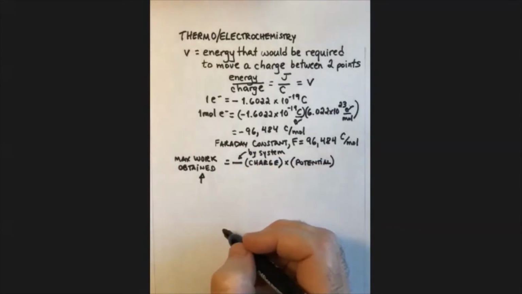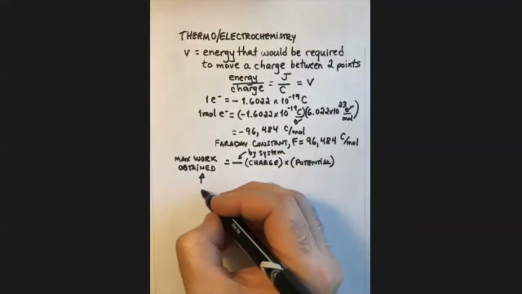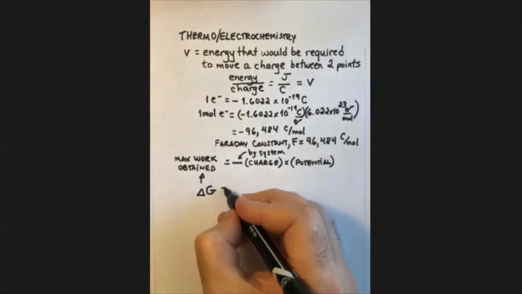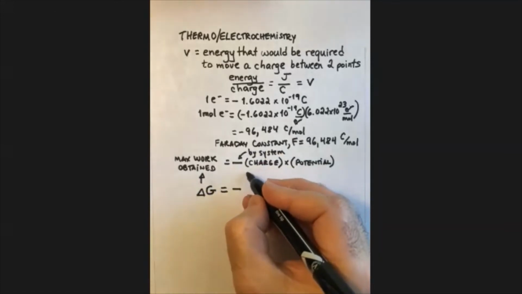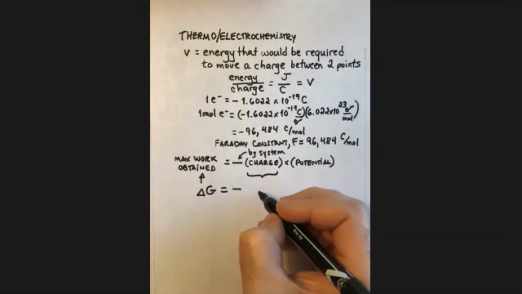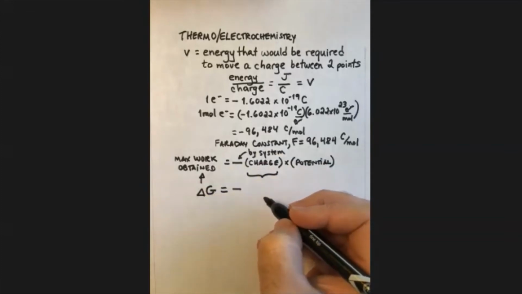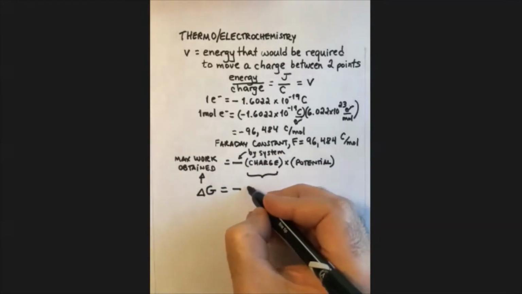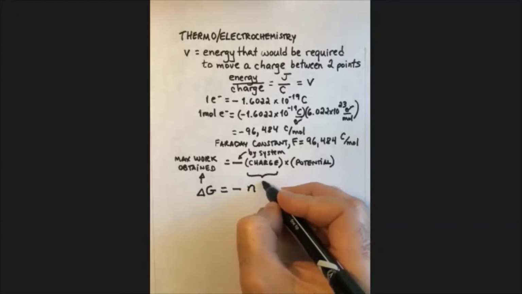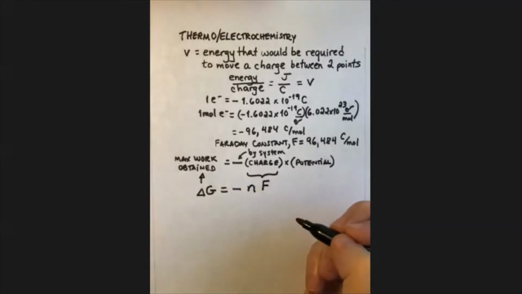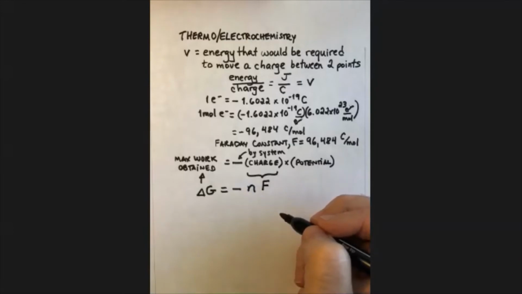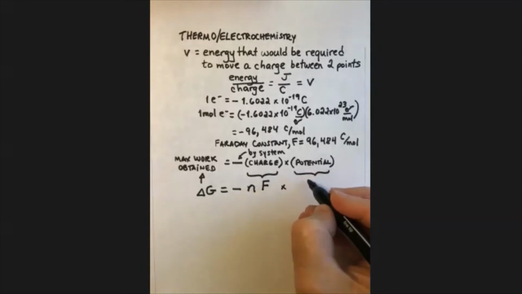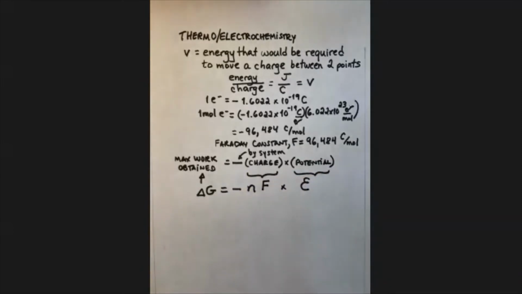Essentially, that is the total useful energy, the free energy, which is delta G. What is the charge that we're talking about? Well, in any redox reaction, there's a number of moles of electrons that we transfer. So this would be n moles of electrons times the coulombs per mole, which is the Faraday constant. And this would be times the potential for this reaction, which would be the potential of the cell.